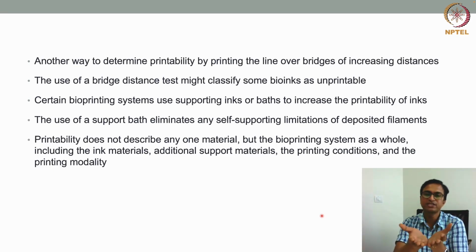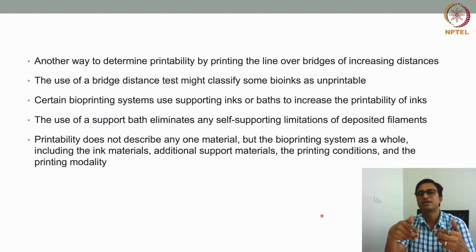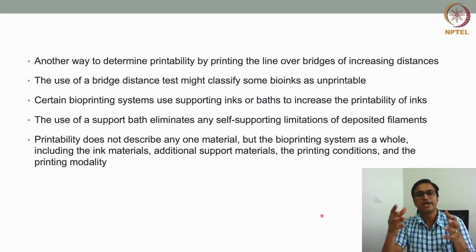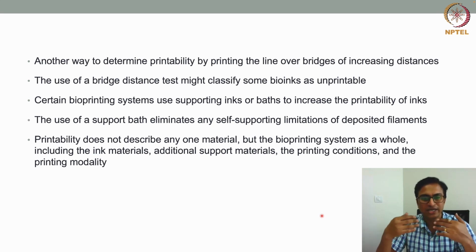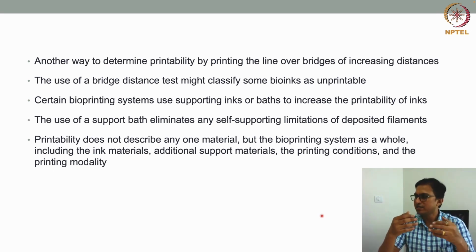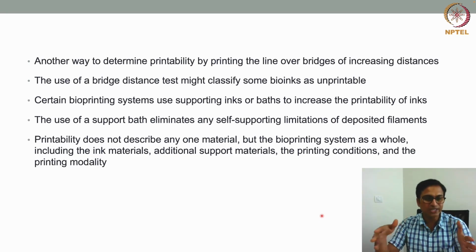So they are providing support to the printed structure, and using that support bath can improve the printability of your bioink, because the bioink having the support is no longer getting deformed, sagged, or widened, right?